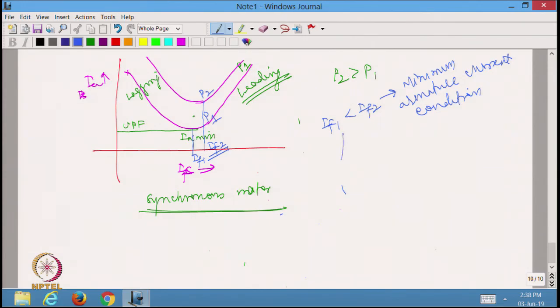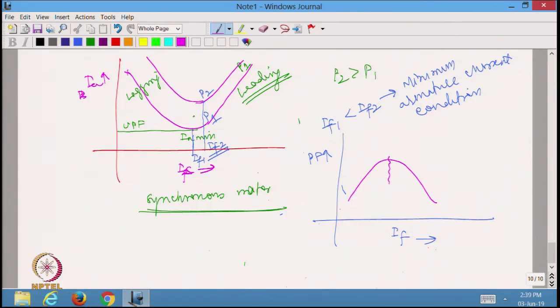On the other hand, I should be able to draw how the power factor changes again with field current. This is pretty clear, I suppose, because unity power factor occurs at optimum value of field current. So, I can draw it somewhat like this.